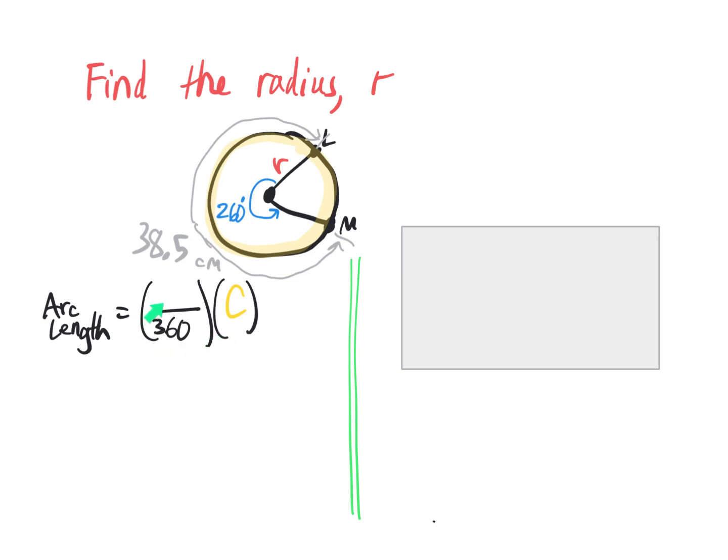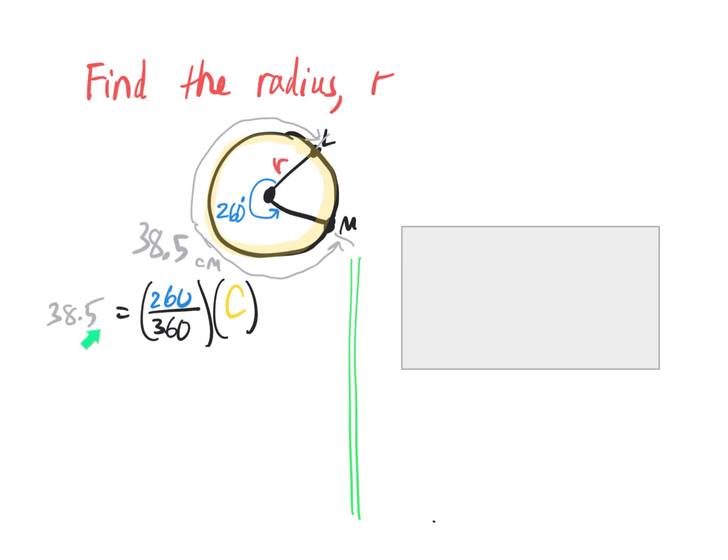Alright, so how many degrees is the central angle that corresponds with this arc of 38.5? It's 260. And the arc is actually 38.5, so we can put 38.5 on the left side of the equation.